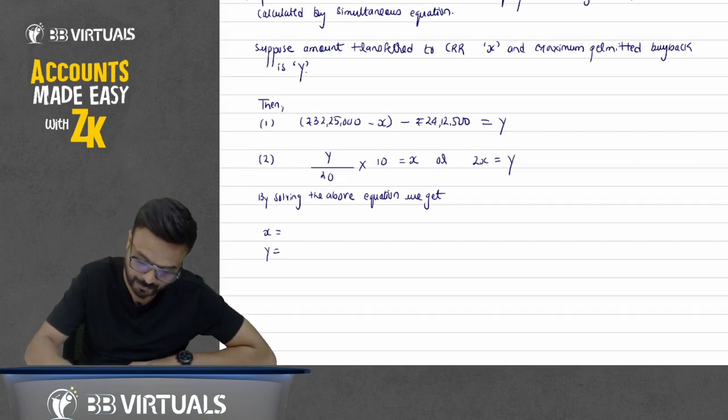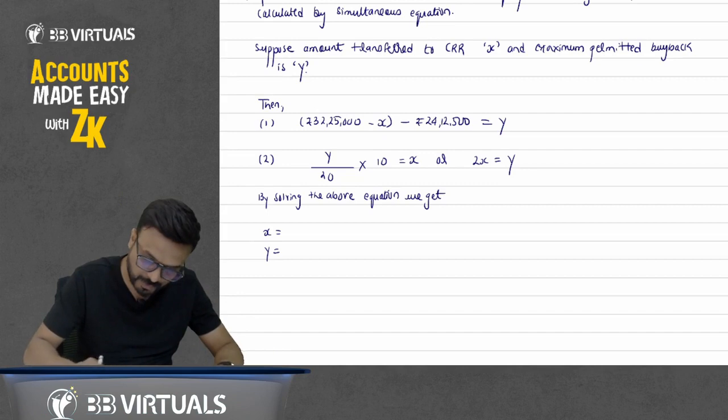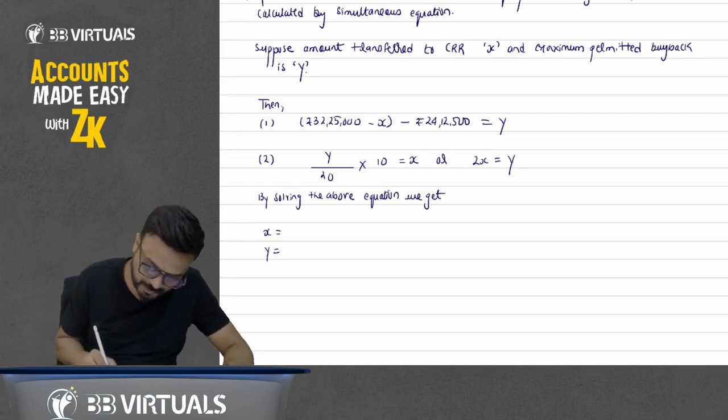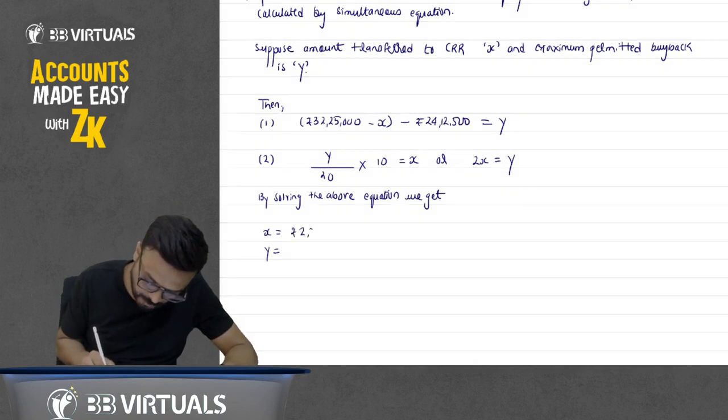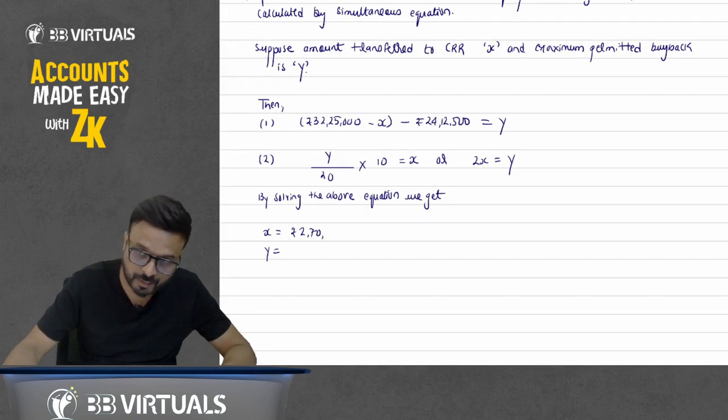So 32,25,000 minus 24,12,500, divided by 3. It is coming 2,70,000. Okay, 2,70,000.